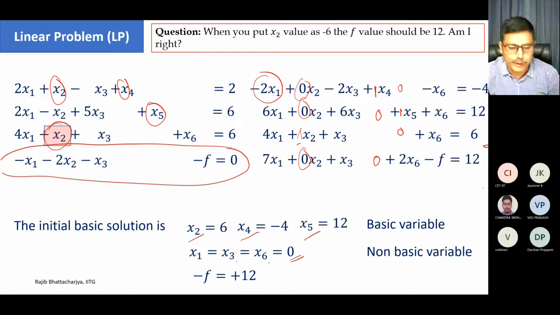In that case, x2 equals 6, x4 equals -4, and x5 equals 12. From the last line, I get minus f equal to +12, or you can say f equal to -12. So this is the solution of this particular problem.